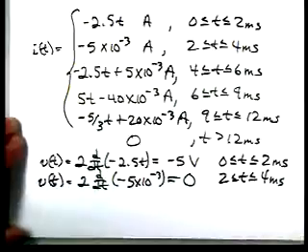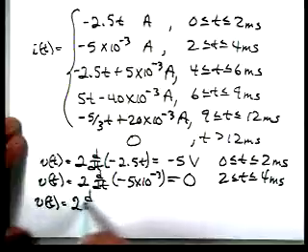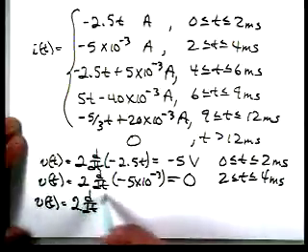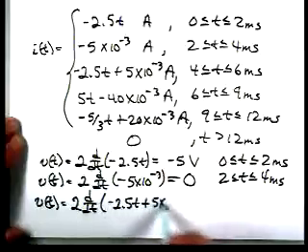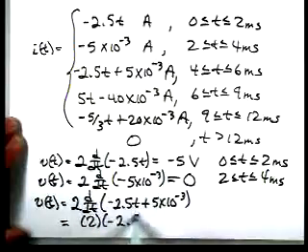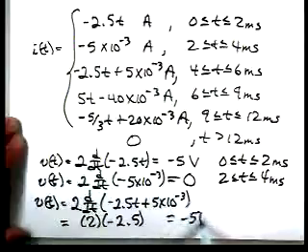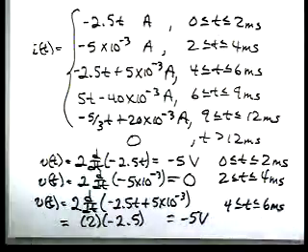The next interval, we have this expression, so we get 2 times the derivative of minus 2.5 t plus 5 times 10 to the minus 3. So here we get 2 times minus 2.5, or minus 5. So that gets us through 3 of our 6 intervals.